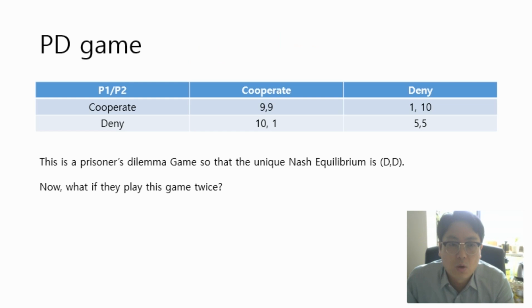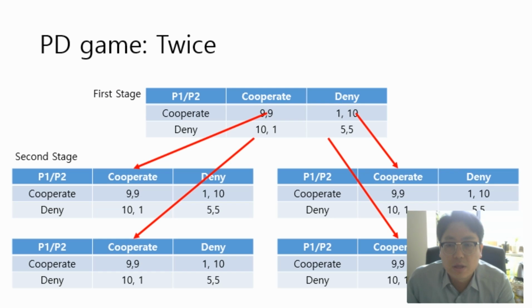Now, think about when they are playing this game twice. In order to understand what's going on, when they play this game the first time, we call that the first stage, and when they play it again, we call that the second stage.